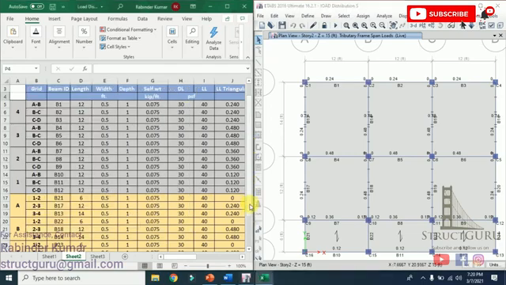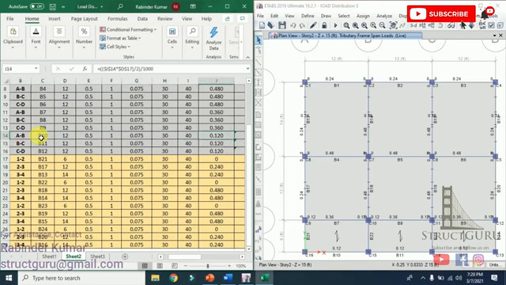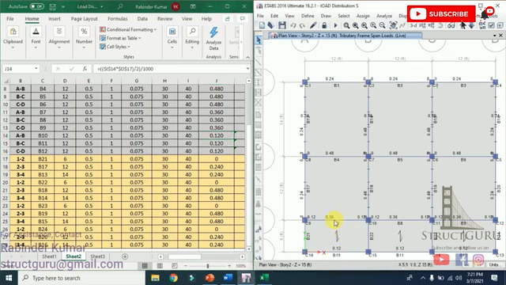So for one-way distribution, our beam is placed along grid 1 between A and B. For the live loads, the loading which I have calculated is 0.120, and this is based on the formula Ws by 2 divided by 1000 in order to convert pounds into kips. 6 is the shorter direction, W is the weight which is 40, divided by 2 and divided by 1000. So this makes 0.120.